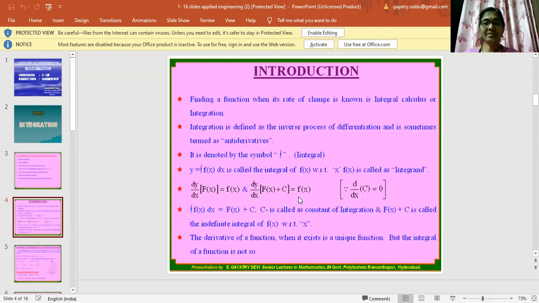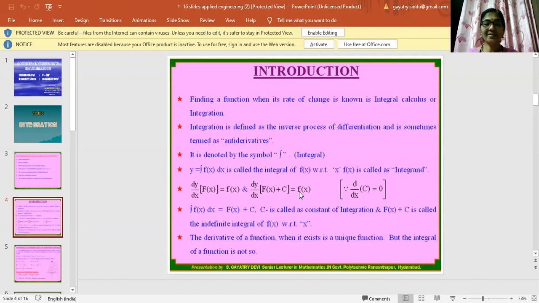If you want to find integration, because it is the inverse process of differentiation, by integrating this small f of x, you should get capital F of x plus c. So integral f of x dx equal to capital F of x plus c, where c is called the constant of integration. And capital F of x plus c is called the indefinite integral of f of x with respect to x.